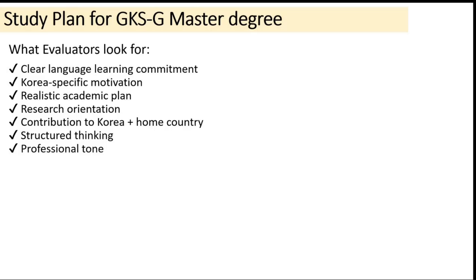What actually will the evaluators be looking for in your study plan? They will look for clear language learning commitment, Korea specific motivation, a realistic academic plan, whether you are oriented towards research or not, how you will contribute to Korea and your home country from this scholarship, whether you have a structured thinking process or not, and whether you possess a professional tone in your language or not.